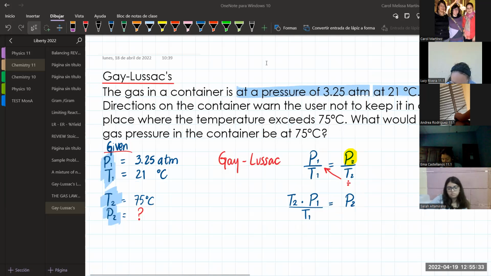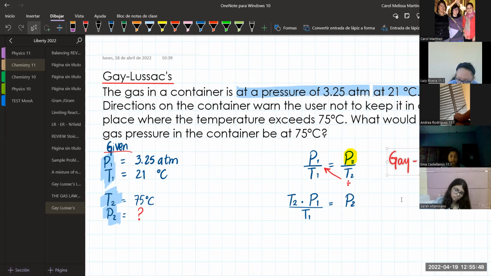Now, there's another thing that we need to do before working with this problem, and that is to convert the temperature. Remember, in gas laws, all temperatures need to be converted to Kelvin. Always, always, always. So we have these two temperatures in Celsius, and they are going to be turned into Kelvin.